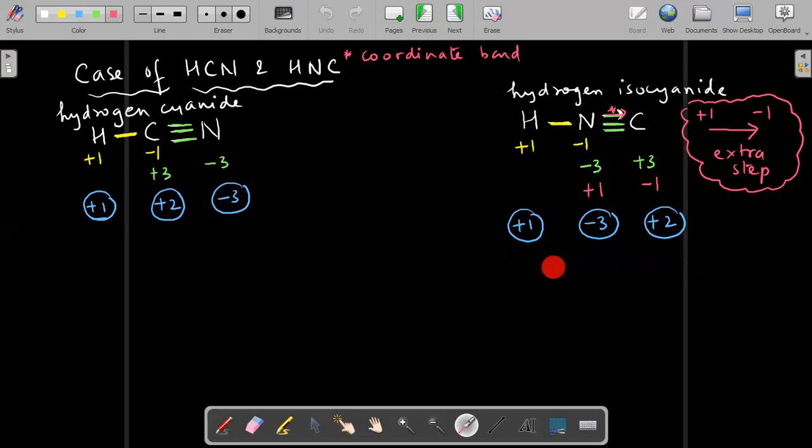And notice in both the examples the states are not changing, it is same.